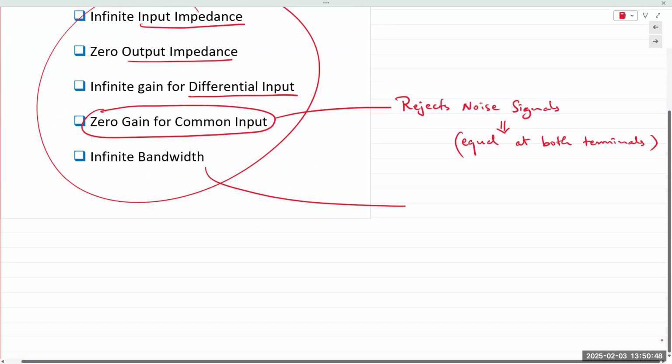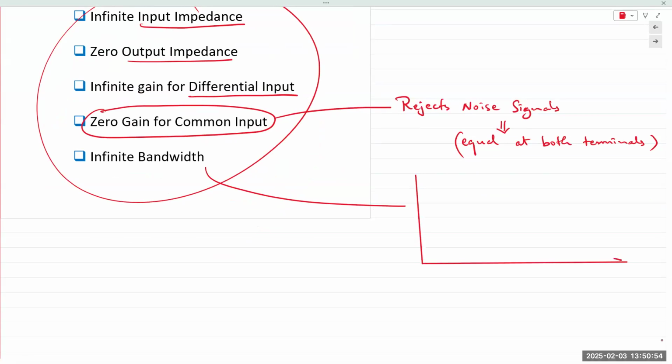Infinite bandwidth would mean that the frequency characteristics would be flat. In real life, though, they will start to roll off. As the frequency increases, the output will start decreasing. Okay. Ideal op-amp, it remains a flat line.